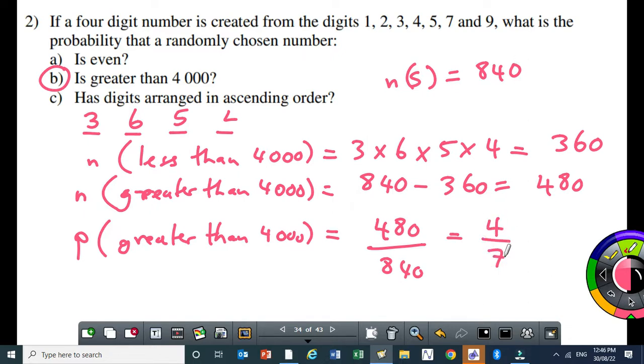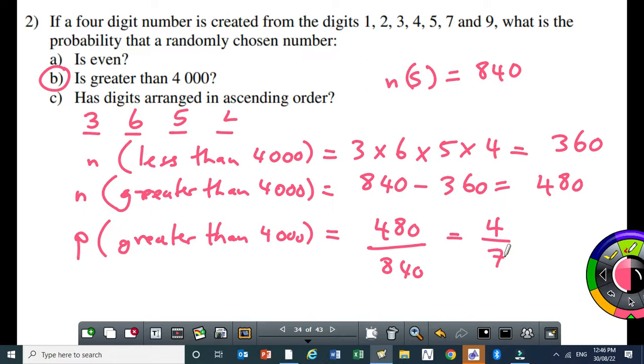Then the last question. Okay, we need to determine the probability that a 4-digit number has digits that can be arranged in ascending order. Now, there is only one way that you can arrange those digits in ascending order.